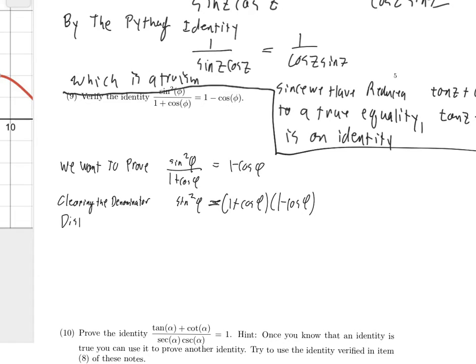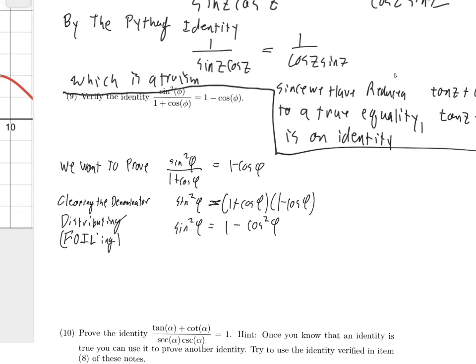Distributing, because on the right-hand side I see two complicated things multiplied together. And how do you multiply together sums of things? Well, you need to use the distributive law. Another way of saying that is I am FOILing out. I get sine squared of phi equals 1 minus cosine squared of phi.